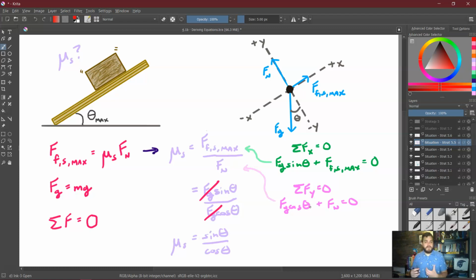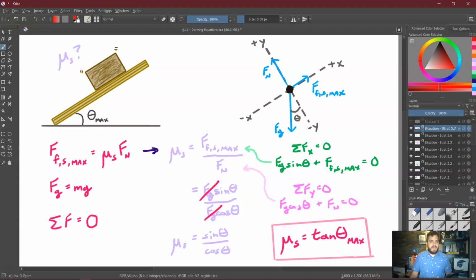Now I'm going to take it a step further because hopefully you know if we divide sine by cosine, we end up with tangent theta, and specifically, when this is that maximum angle, it will be tangent of theta max. So this expression is a derived equation for the coefficient of static friction built from all of these different pieces.